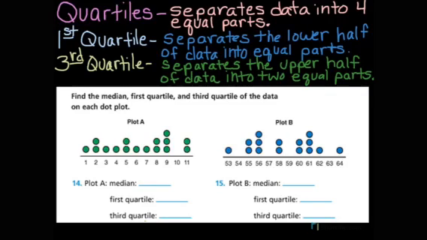Quart literally comes from the root word, which means 4. So we're also going to talk about the first quartile, which separates the lower half of data into equal parts. And we'll talk about the third quartile, which separates the upper half of data into 2 equal parts.